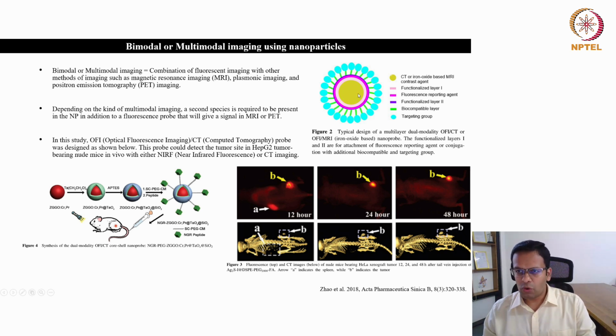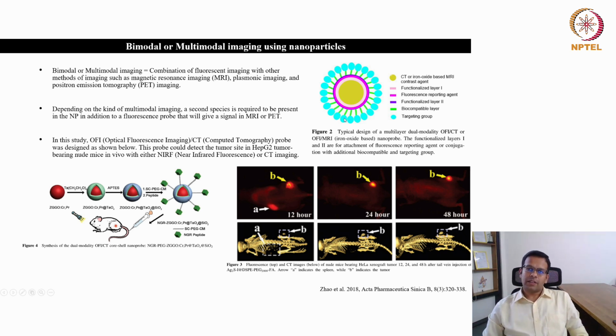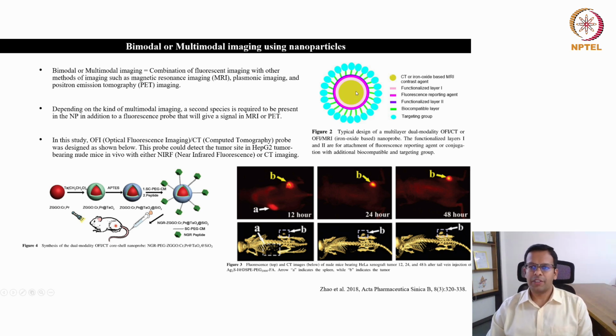So this core will act as an agent for the scan. Whereas this functionalized layer 1 is the fluorescent reporting agent, then functionalized layer 2, the biocompatibility layer and the targeting groups. The targeting groups will take these nanoparticles to a specific site, wherever the tumor is or wherever some specific cells or tissues are. These other layers are required to make them biocompatible, to make them functionalized, to make them fluorescent. And this core is required for the MRI or CT scan.